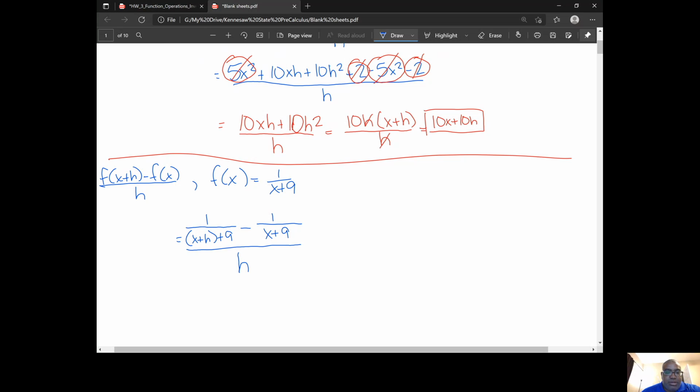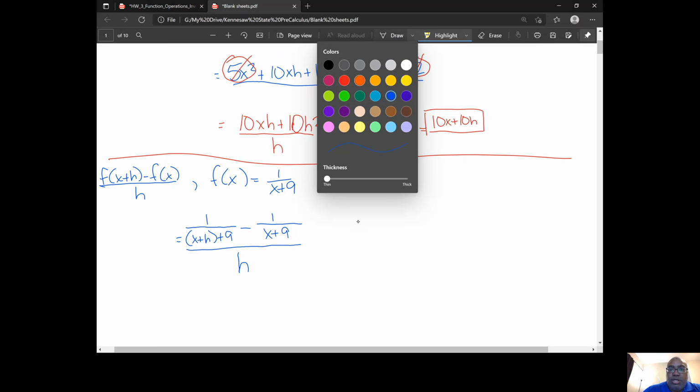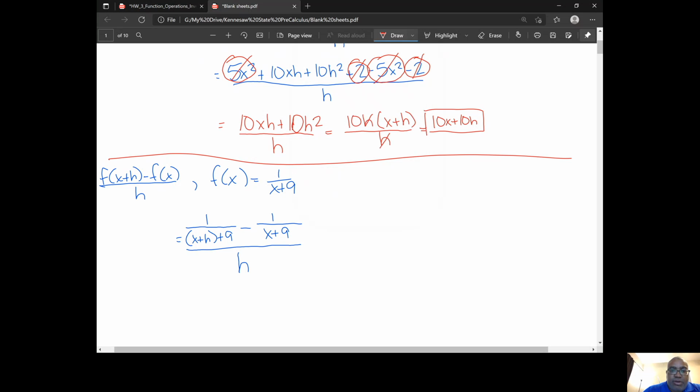I know that looks fun. So the first thing, we have to get a common denominator for our numerator. These two bottoms have to be the same for us to be able to do this operation. We're going to do that in the simplest way possible. It's relatively easy.